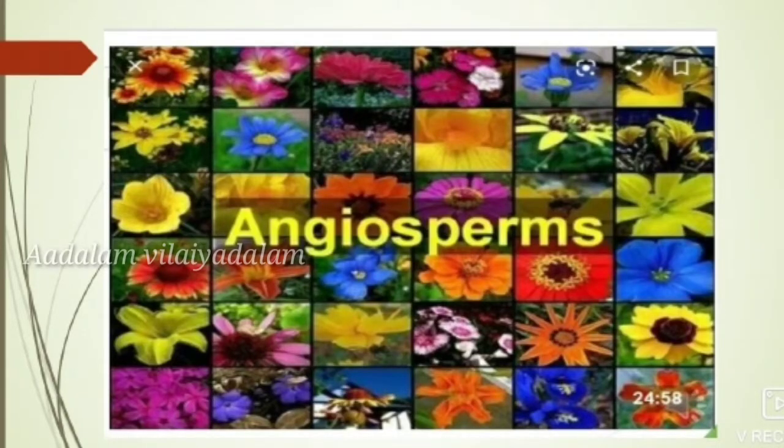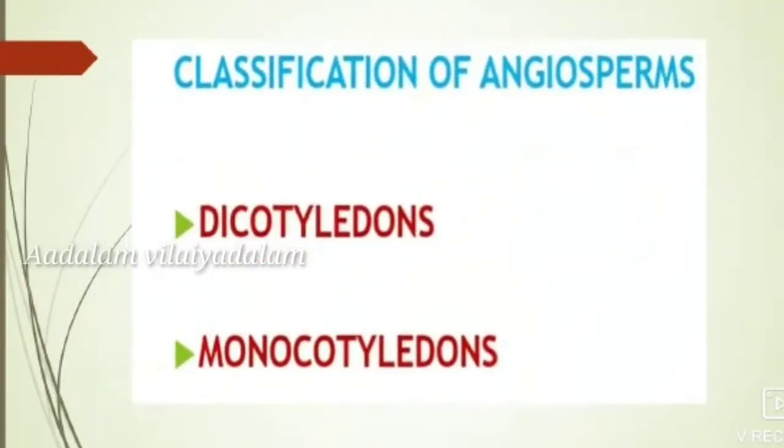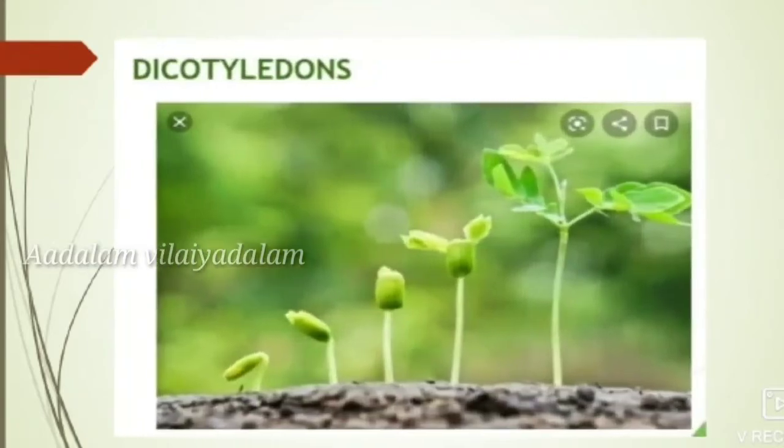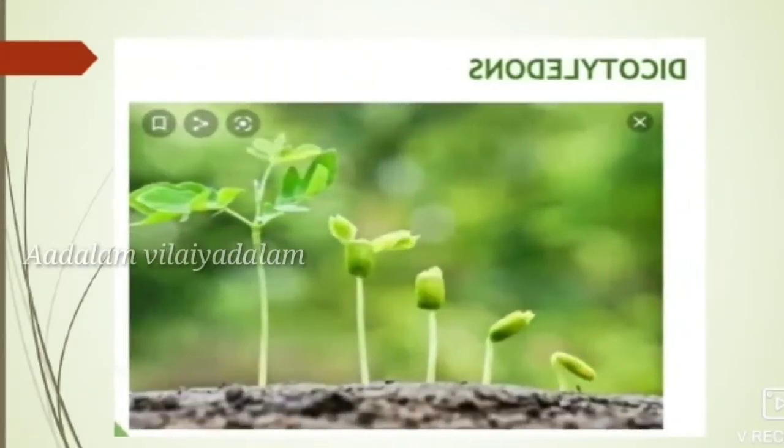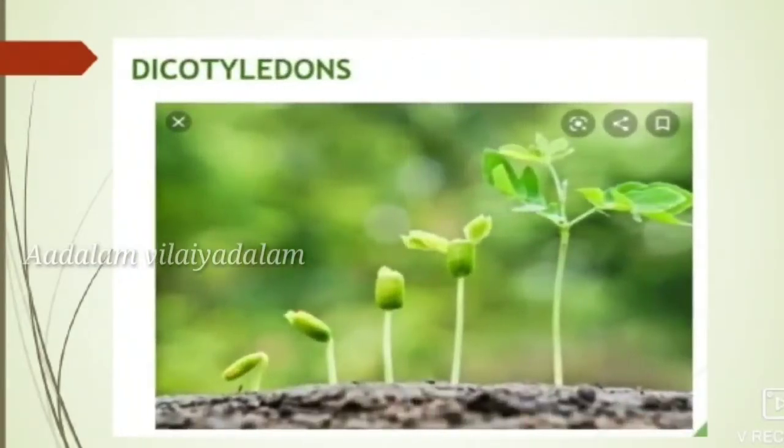And next, the classification of angiosperms. The angiosperms are classified into two classes, dicotyledons and monocotyledons. First, we will discuss the differentiation of dicotyledon plants and monocotyledon plants.